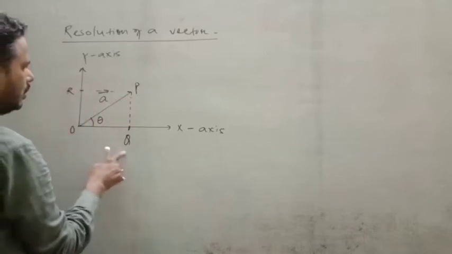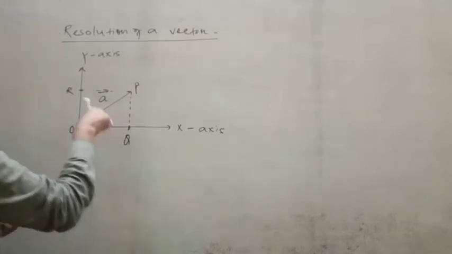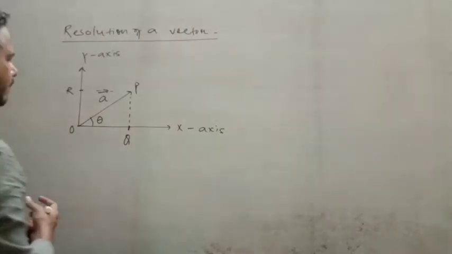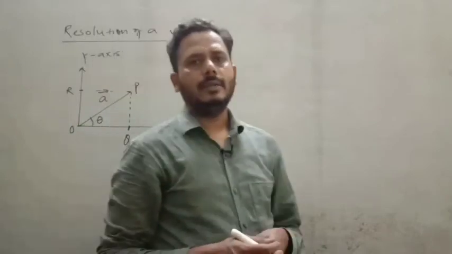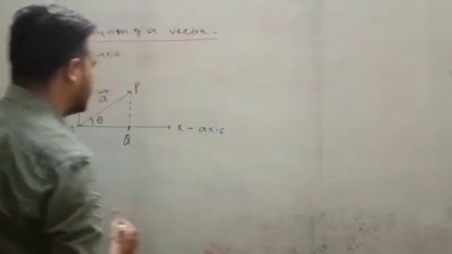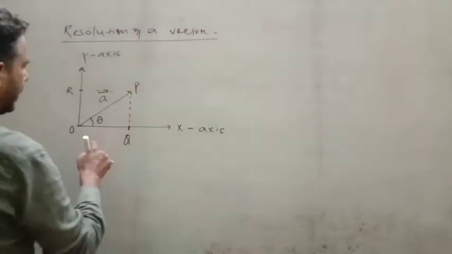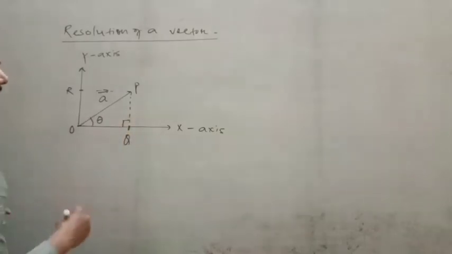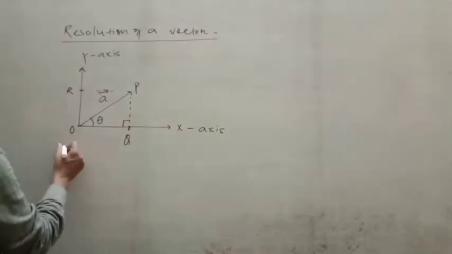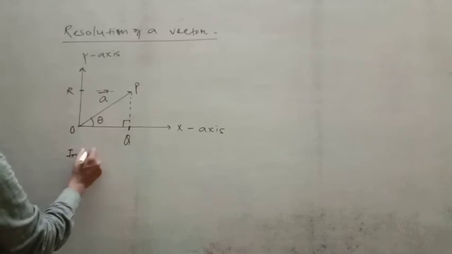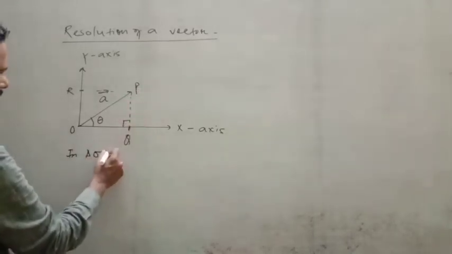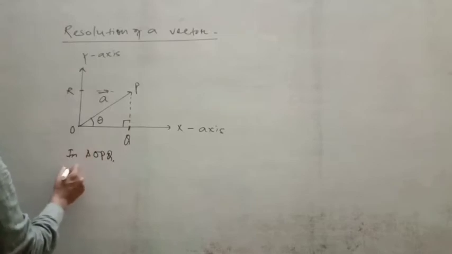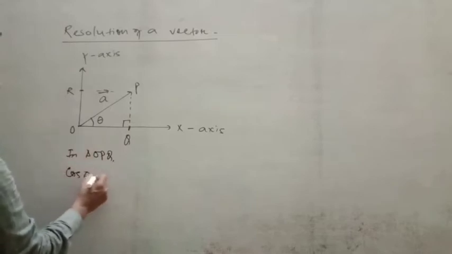Alright, so we have to find OQ. If you want to find this OQ, you have to apply the trigonometrical identity cosine. Just apply it in this right angle triangle. See, this one is a right angle triangle. So in triangle OPQ, you have to take cos theta.